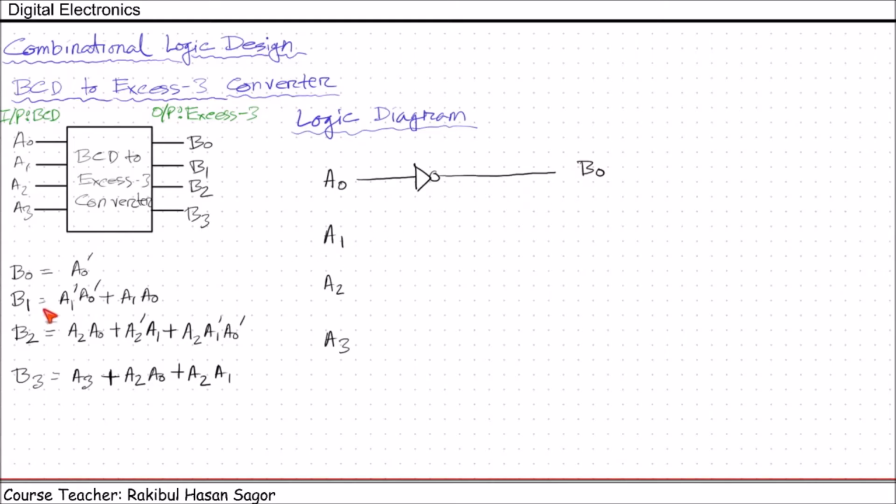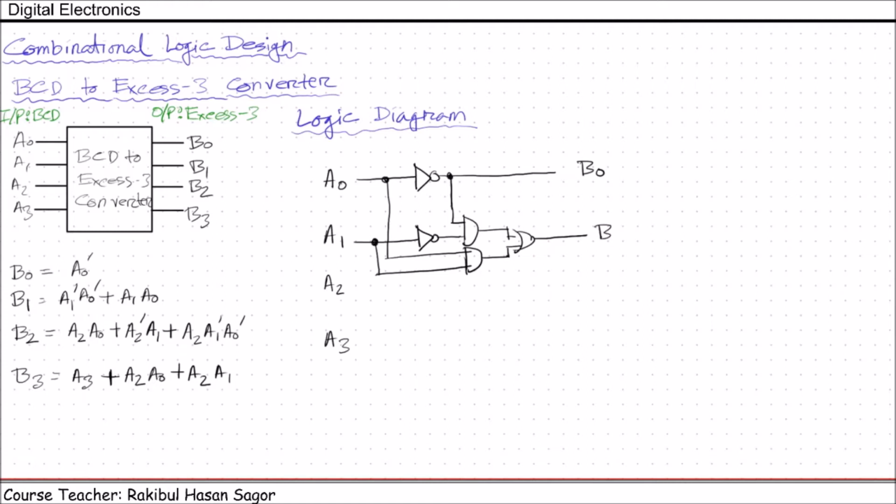The output B1 is A1 prime A0 prime plus A1 A0. We have A0 prime here and A1 prime. They will be ANDed. A0 and A1 will be ANDed. And the outputs will pass through an OR gate.